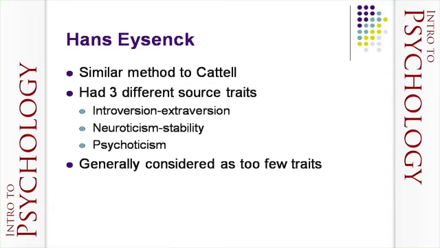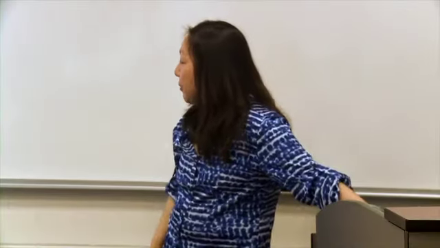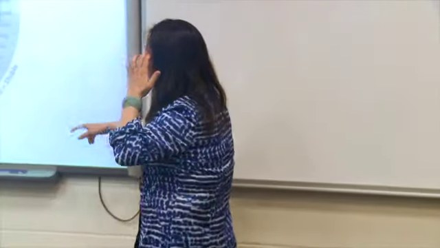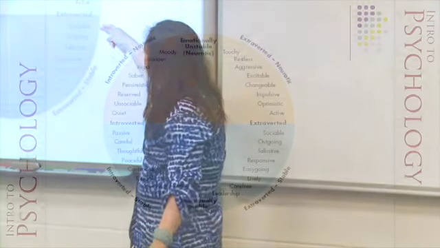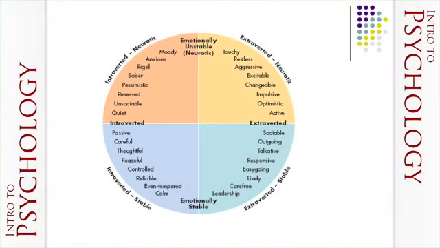This is the one widely used. So 5, OCEAN. If you are extroverted and stable, the traits can be sociable, outgoing, talkative, responsive, easygoing, lively, carefree, leadership. And if you're extroverted but neurotic, it can be touchy, restless, aggressive, excitable, changeable, impulsive, optimistic, active. So those are the traits.